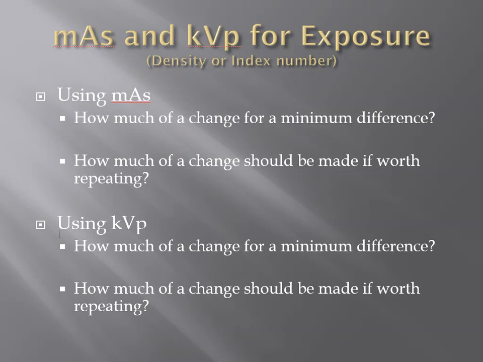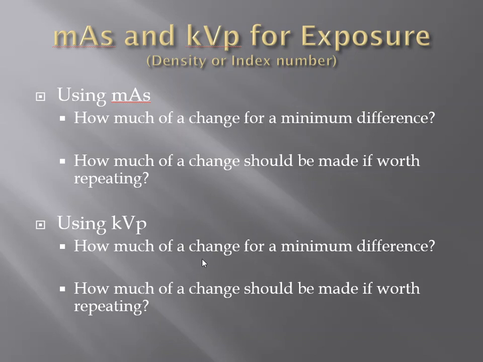So if a 15% change equals a doubling and a 30% change equals a noticeable difference, then a 30% change of that 15% KVP is going to give us a noticeable change. So 30% is roughly 1/3. So 1/3 of what you use to double the exposure with KVP is what you would need to make a minimum difference.